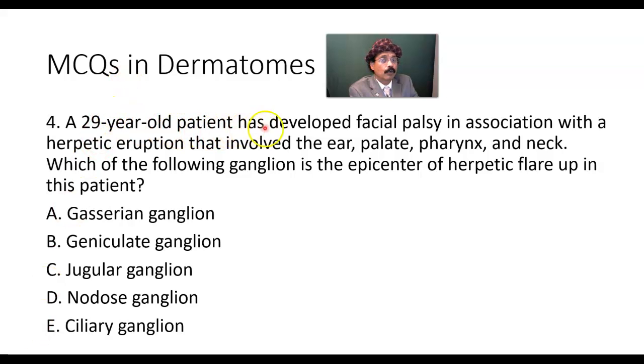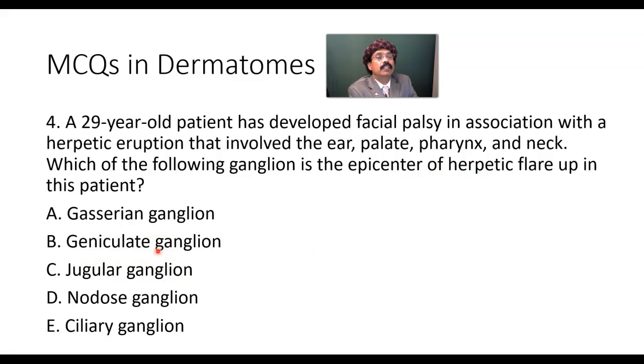Then we'll go to the next question. A 29-year-old patient has developed facial palsy, so the facial nerve has been involved. There is paralysis due to facial nerve involvement with a herpetic lesion, and the ganglion of the facial nerve is the geniculate ganglion. The site of the flare-up of the herpetic blister is the geniculate ganglion.